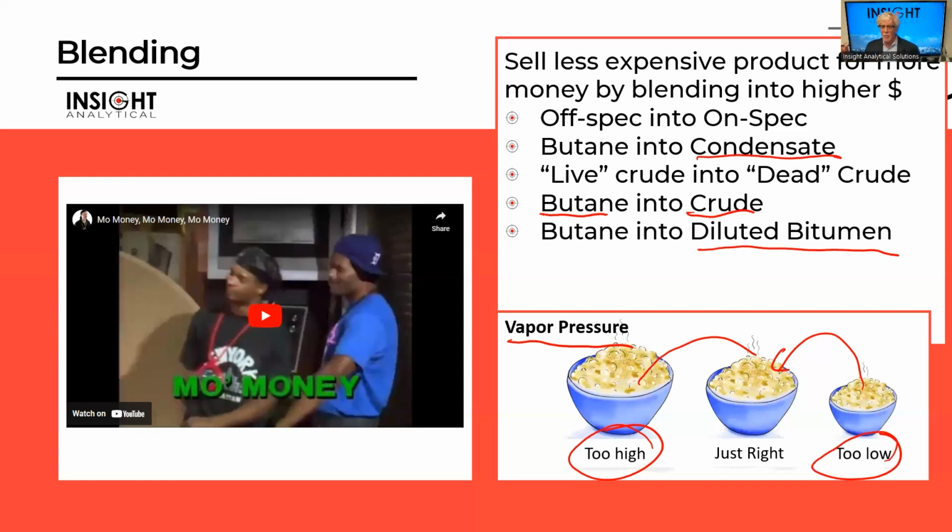It doesn't flow down pipelines. So what we do is we add a whole bunch of condensate into it to dilute it, so it can flow. But if it's still below the vapor pressure specification, we can go, well, instead of putting condensate in, now I'm going to add a bit of butane in and try to put cheaper product in and still make my stuff flow as well and meet all my specifications.